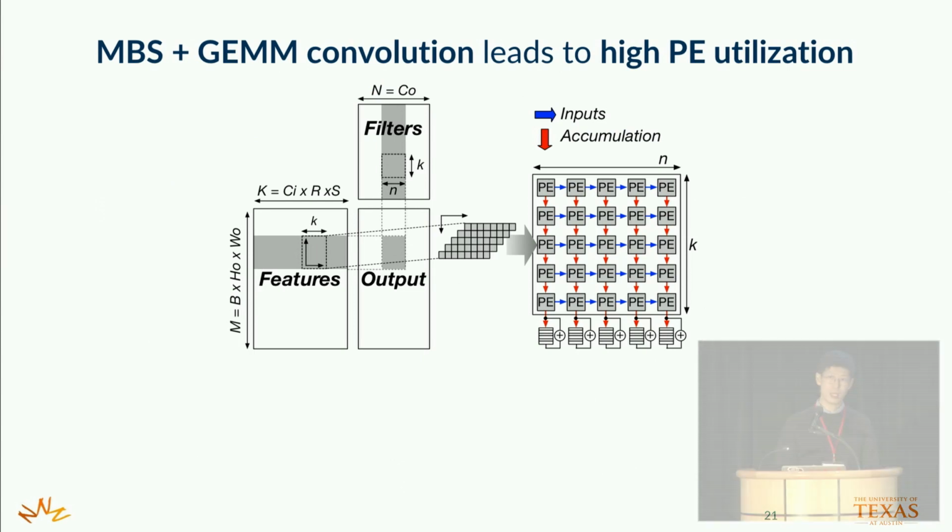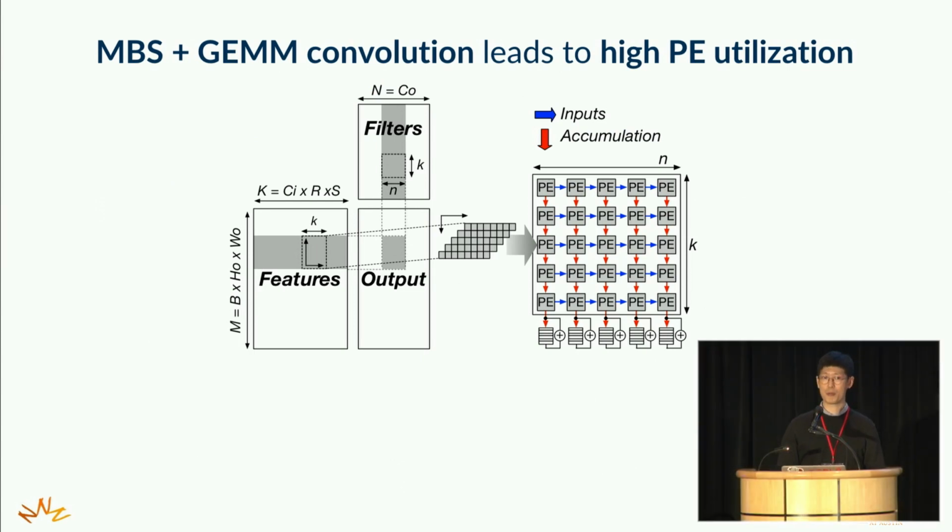So now, getting back to the parallelism issue of early layers, which have to use a small sub-batch. The bottom line is that if one of the GEMM dimensions, M, N or K, is smaller than the size of the systolic array, then the processing elements are hugely underutilized.